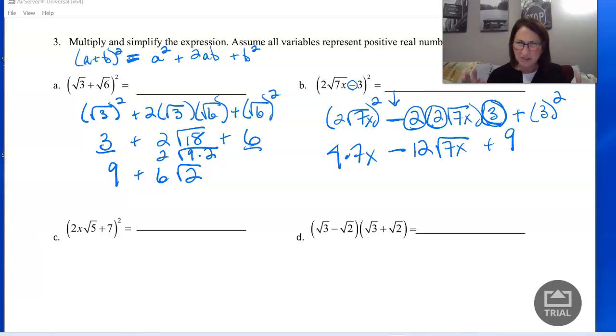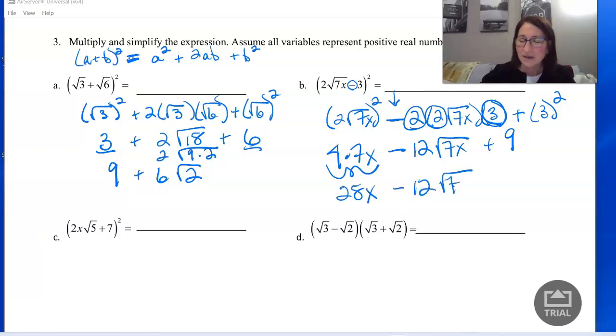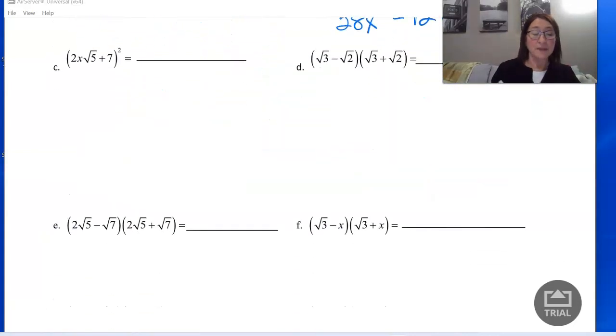So the only adjustment I want to make here is that right here, 4 times 7 is just going to give us 28x. So 28x minus 12 square root of 7x plus 9. There we go. All right, let us do C.